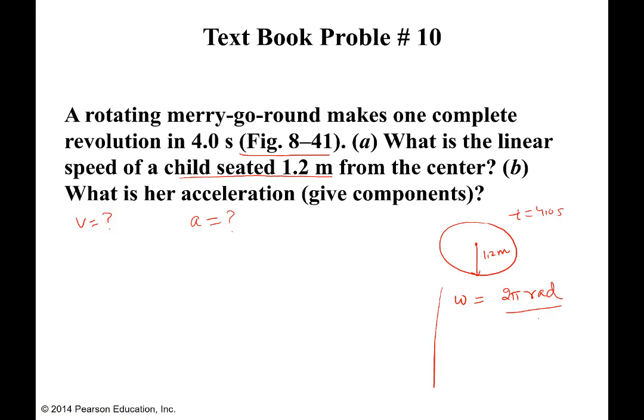Although he's not giving you the angular velocity directly, you can always understand that he's telling you 1 complete revolution, and 1 complete revolution is 2 pi radians. That is 1 rev. You could also do this the other way by writing 1 rev over 4.0 seconds and then converting it into radians per second.